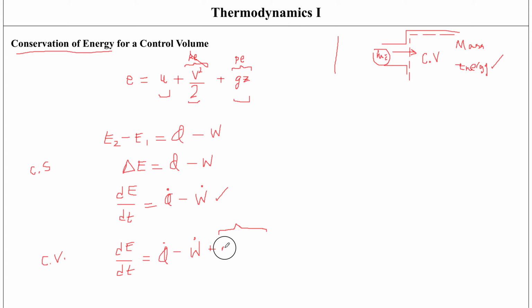So I need to account for its internal energy, which I'm going to represent by u i, plus its kinetic energy, which is V i squared divided by 2, where V is the velocity, plus g z i.